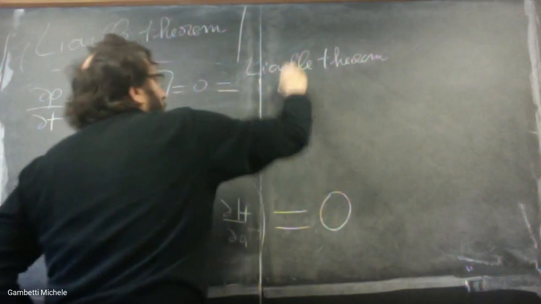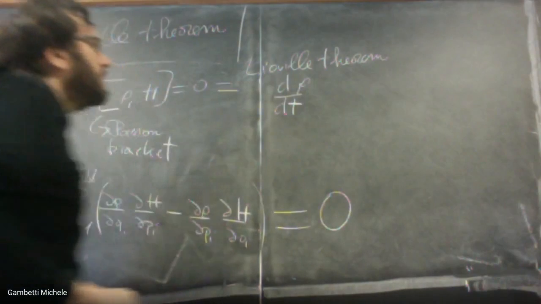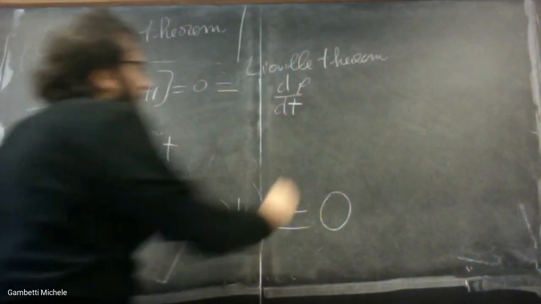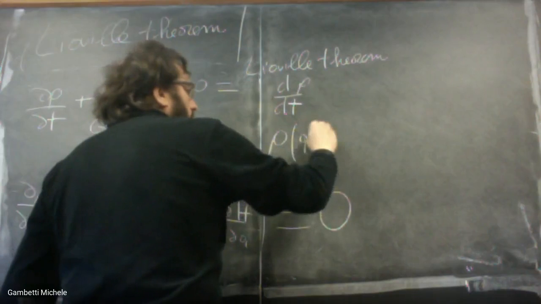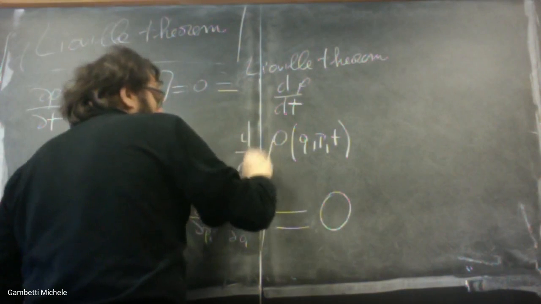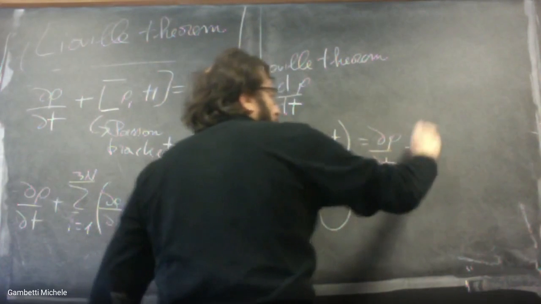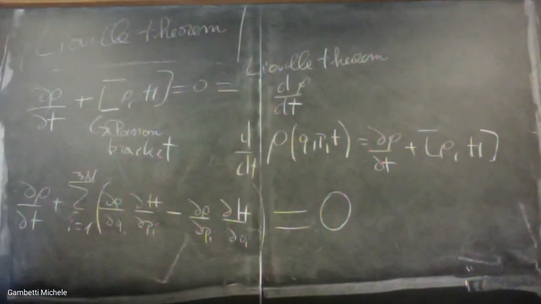And it can be written also in terms of a total derivative of rho with respect to time. Because you might remember that if you have a function rho of q, p, and t, the total derivative of this quantity is the partial derivative of rho with respect to t plus the Poisson bracket, which was something that we have done in analytical mechanics. Okay.